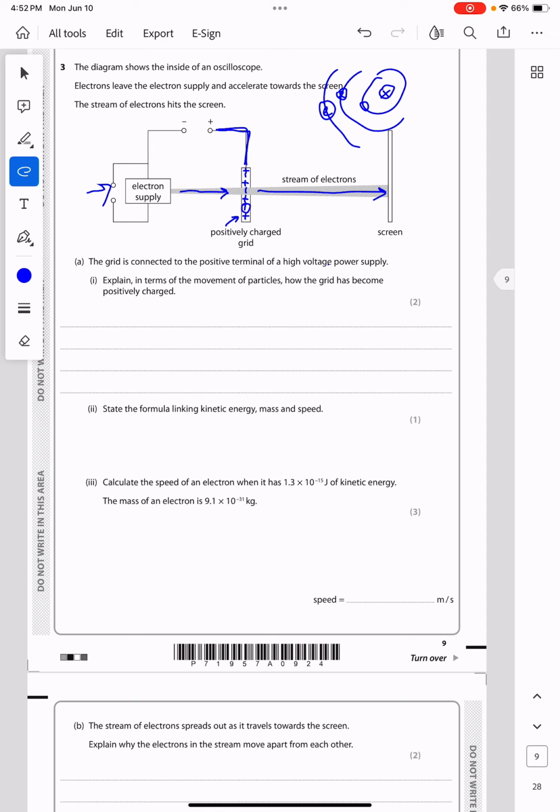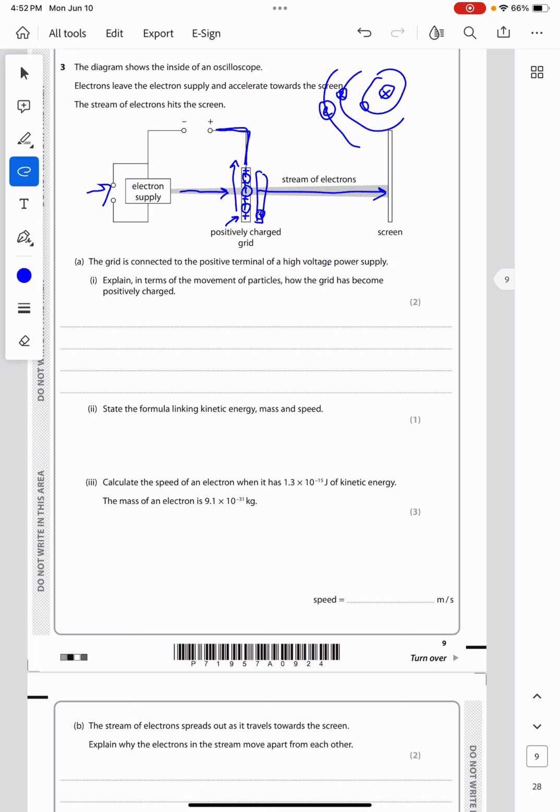So these electrons will be attracted to the positive part of the power supply. And then what's going to happen? They're going to leave the grid. Not all, but part of the electrons are going to leave this grid.